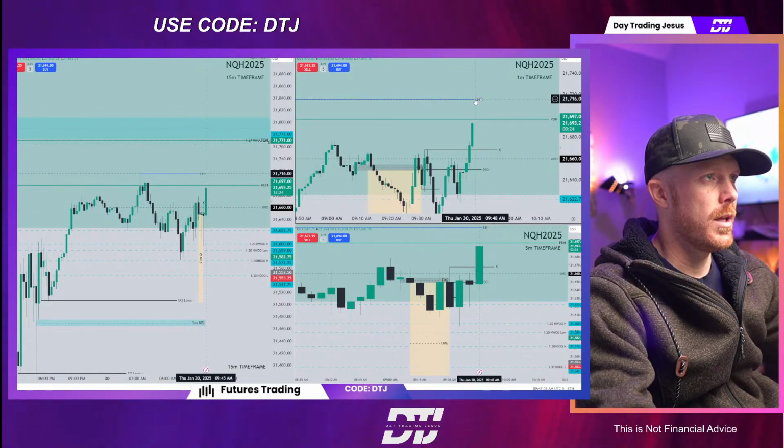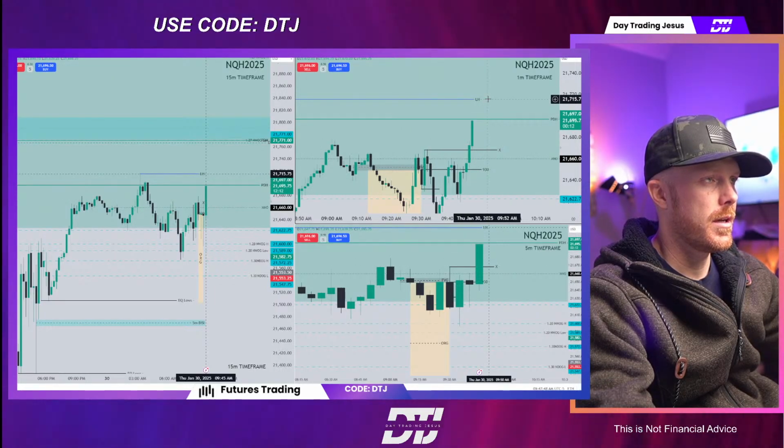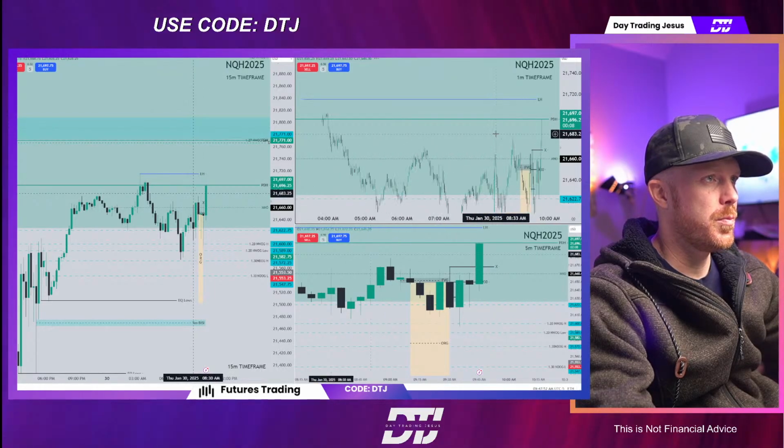If we don't run London high and we come back and tag this level here as a breaker, I'll look at that towards going towards the London high. But as of right now, it might just push without us.